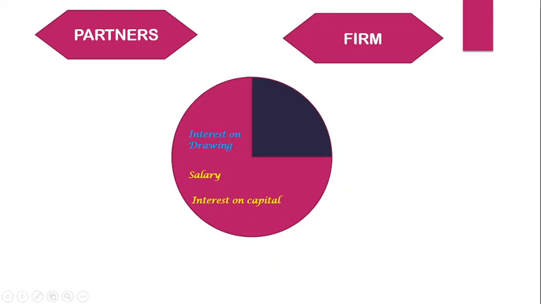Now if interest on capital is given, salary is given, interest on drawings is charged, the balance amount is termed as divisible profit, which also ultimately goes to partners only. So this is how the net profit is distributed among the partners.